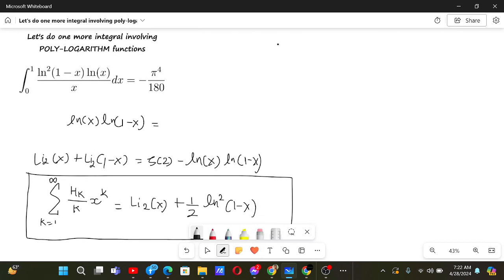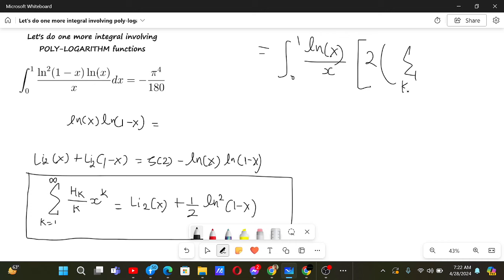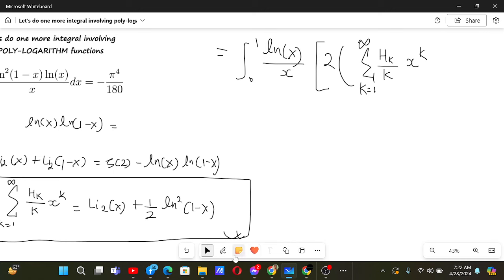So we have the integral from 0 to 1 of ln x by x, and for the remaining expression we can write this as 2 times the sum from k equals 1 to infinity of H_k by k x to the power k, minus Li2(x).